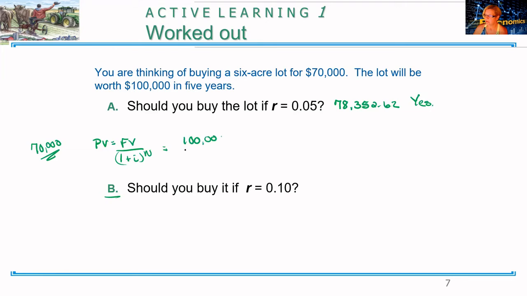Our present value interest factor is going to be 1 plus 0.10 to the 5th power. So 1 plus 0.10 is going to be 1.6105. And I'm going to divide 100,000 by that factor.